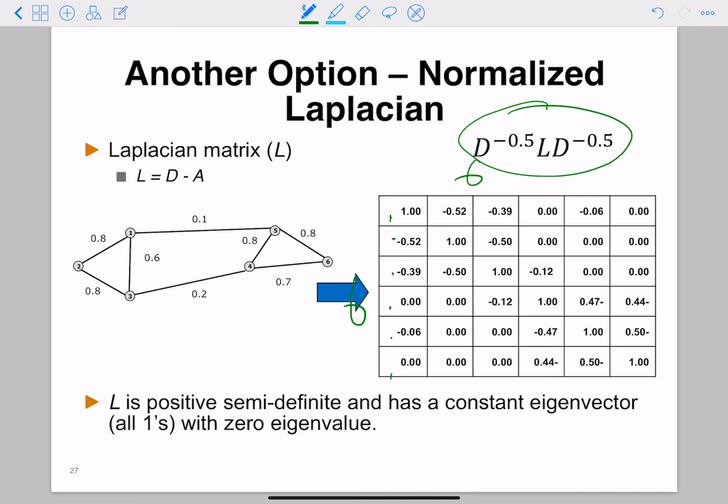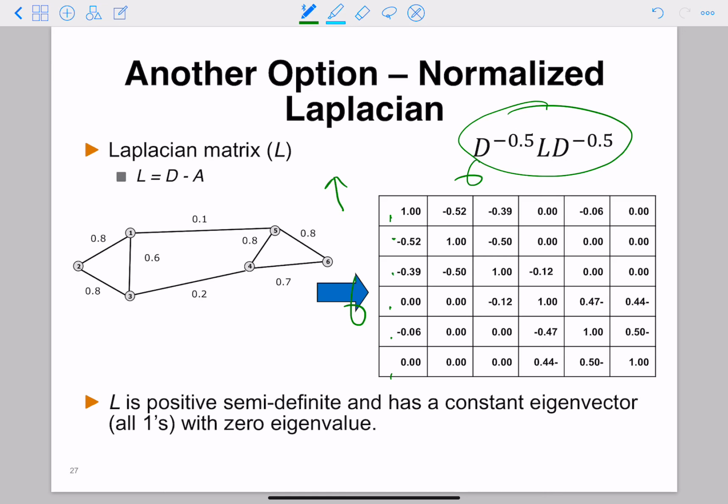Then we have to choose some of the major eigenvectors, just like applying PCA.